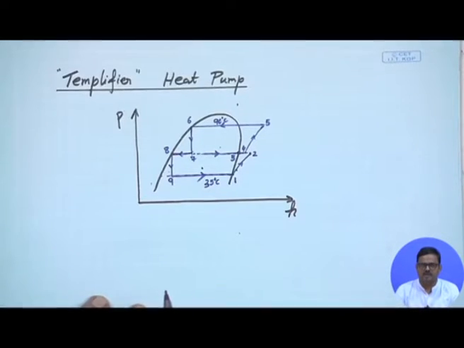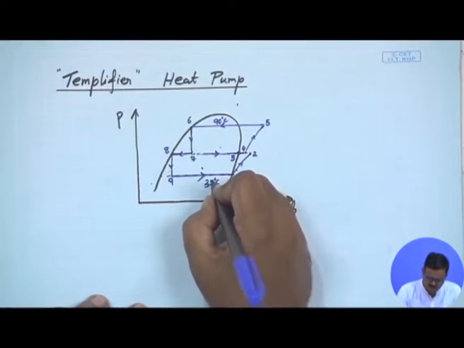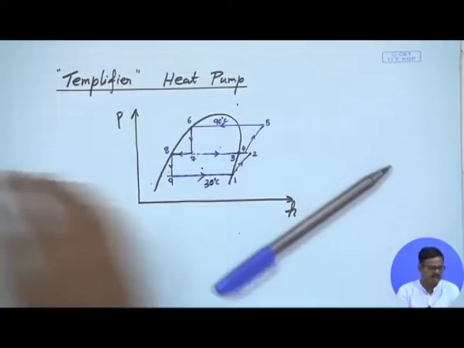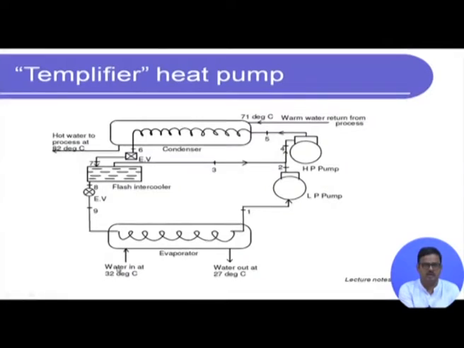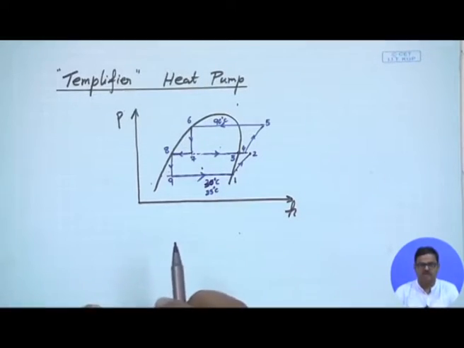Okay. So, this is what it is. I am sorry, this is not 35, this is 30, because the inlet of the water over here is around 32, exit is around 27. No, I am sorry, I am wrong, this will be 25 degrees or less. Yeah. So, that is why.